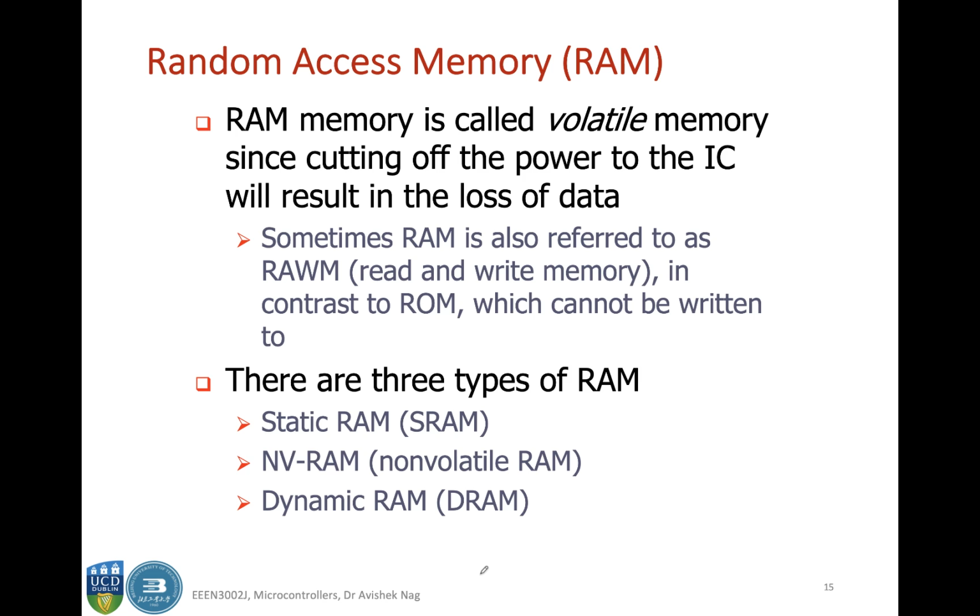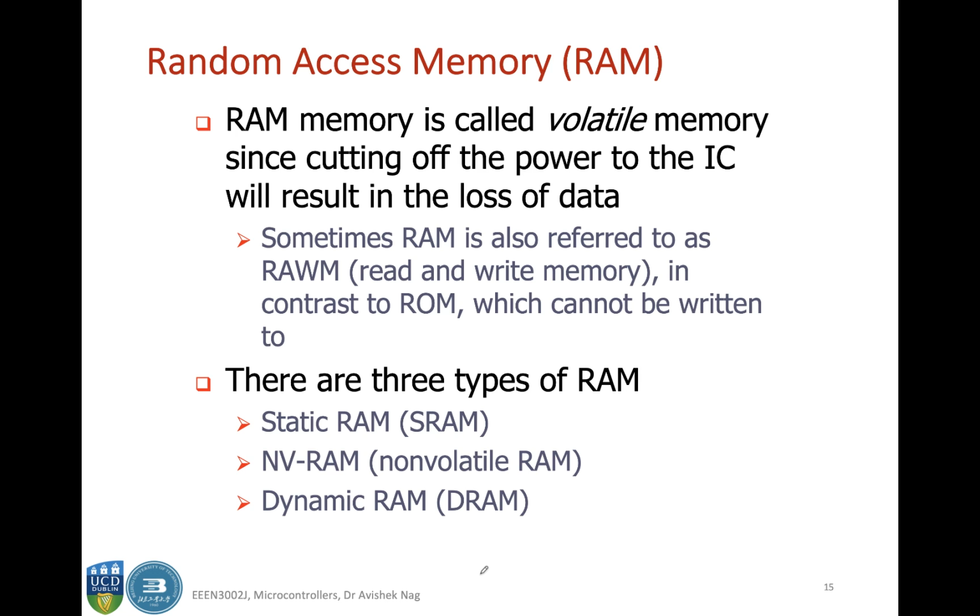Next we will move into random access memory. So far we were talking about ROMs, which were non-volatile in nature. Basically, if you program a ROM, then it stays there. But RAMs are volatile in nature.